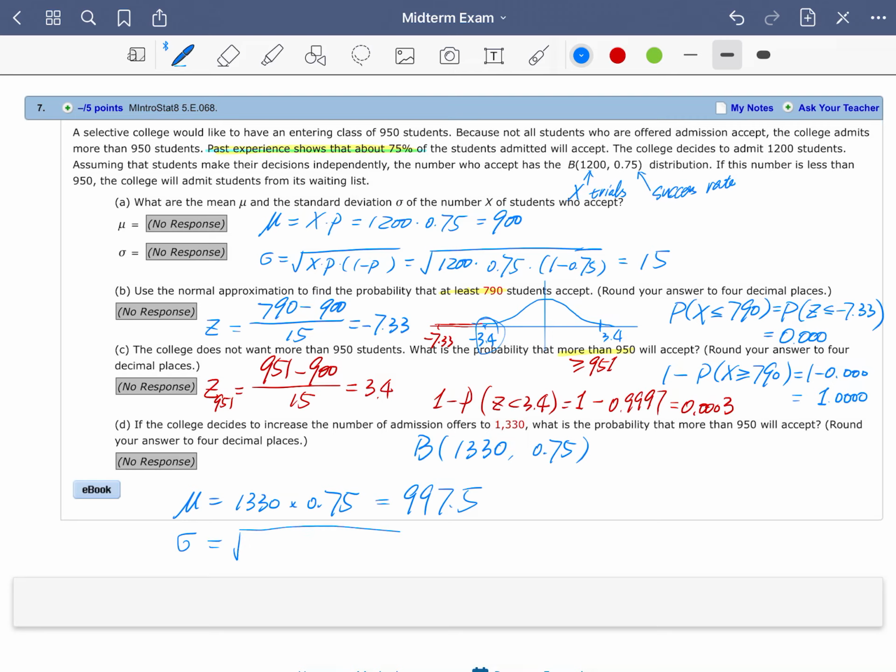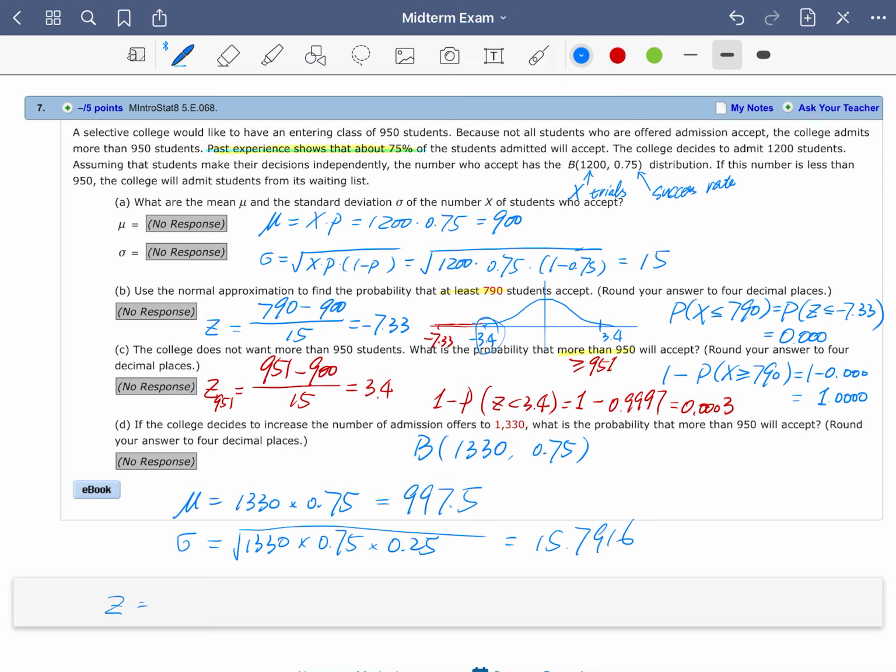Likewise, the standard deviation is this number times 0.75 times 0.25, and the answer is 15.7916. In this case, preserve as many digits as possible.